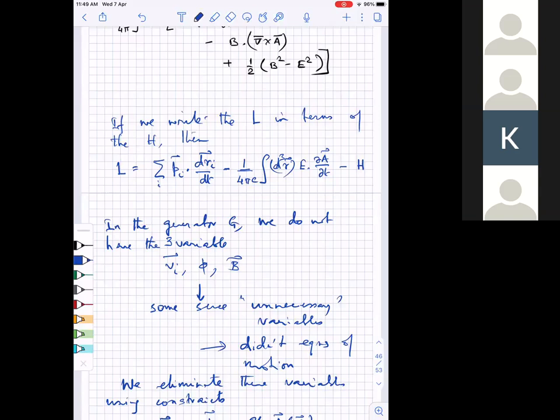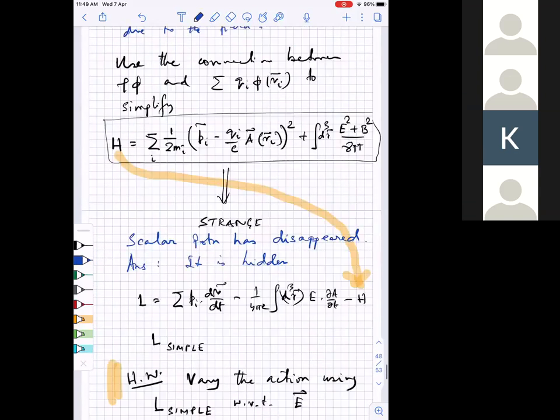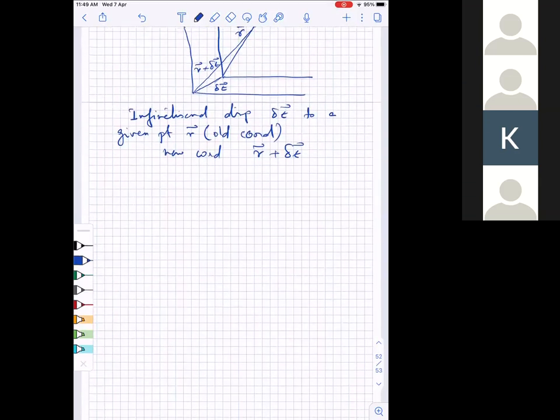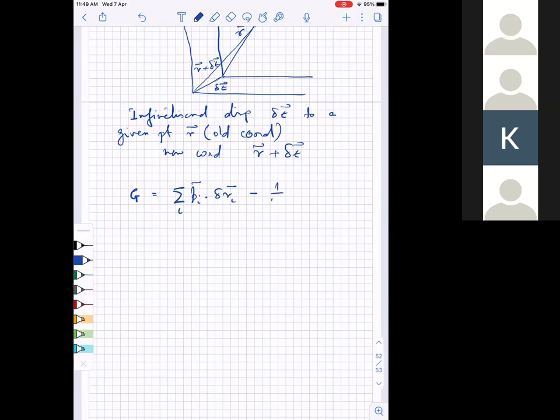What we had was the G from the action minimization, the generator, which was given by this total time derivative. It's given by this part, which was the particle part, so p_i dot delta R_i. Then there was a field part, which is 1/(4 pi c) integral d^3r E dot delta A, and minus H delta t.